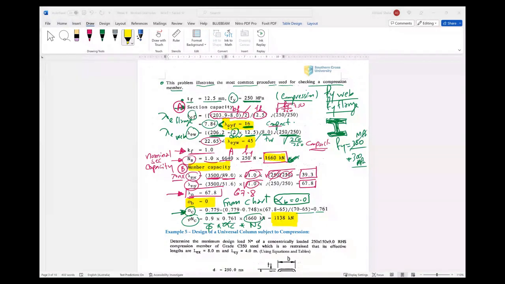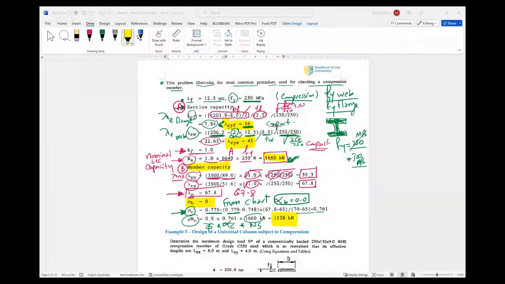So once you complete that, then you find phi Nc. Do you need to compare that value to Ns? Sorry, can you repeat again, please? So do you need to compare that value that you just found, 1138, to 1660 to answer the question?